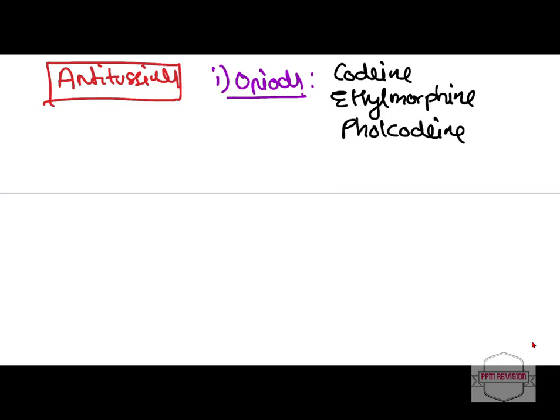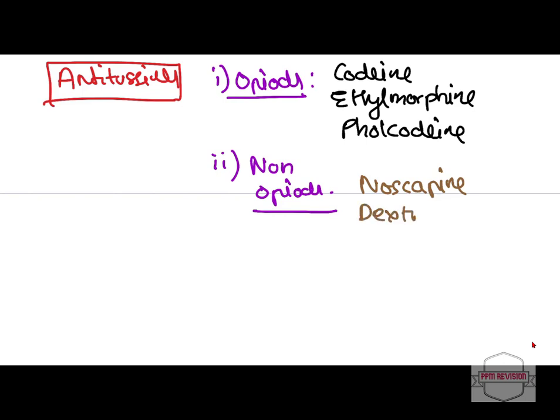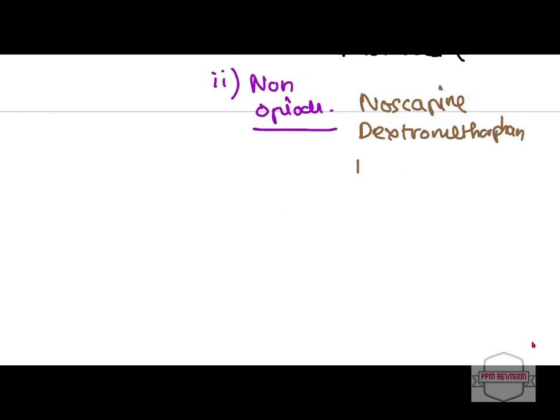Now moving on to the second category, you have the non-opioids. Under the non-opioids there is noscapine, there is dextromethorphan, and there is promethazine.